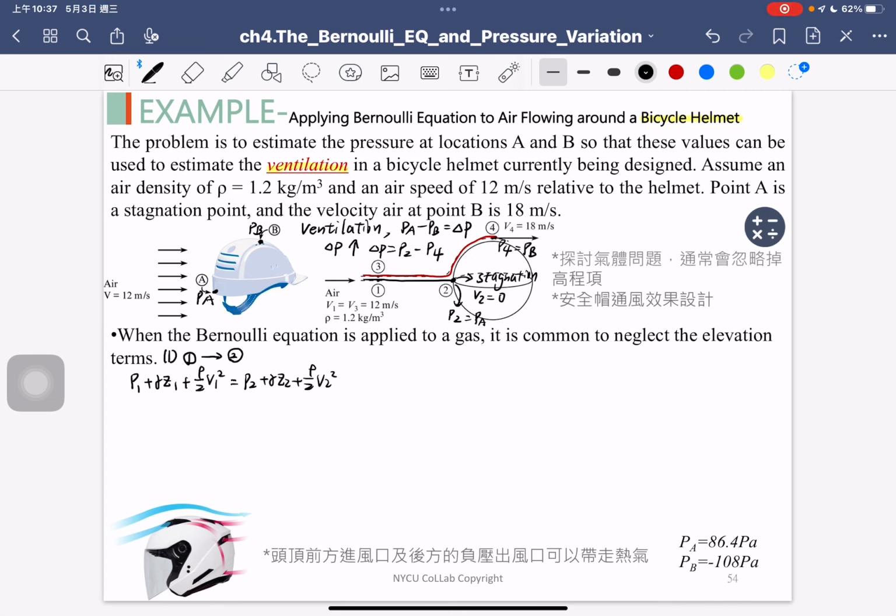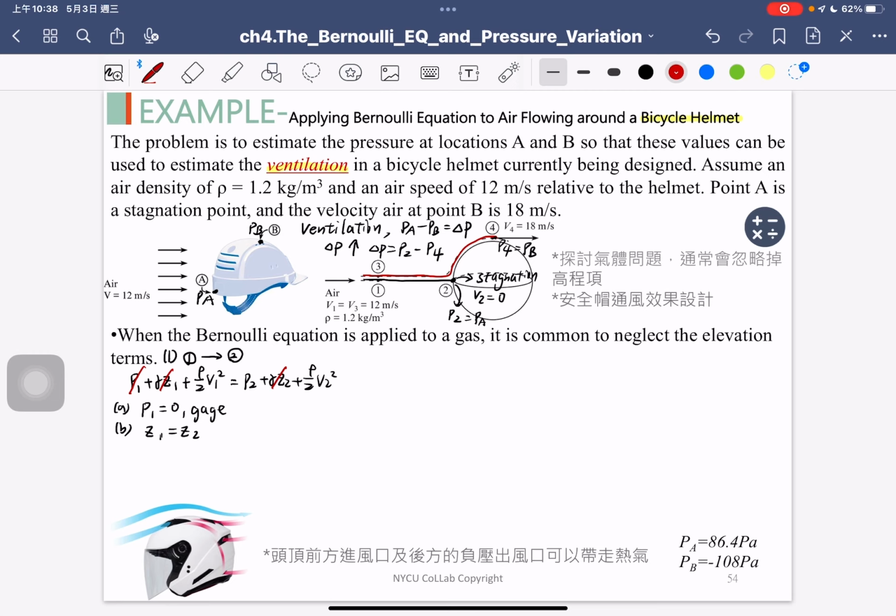So the first one, we consider condition A: P1 equals 0 gauge pressure, because P1 is located at the atmosphere, so there is no gauge pressure. And condition B, the elevation at point 1 and point 2 is the same, so we can cancel out the elevation terms.